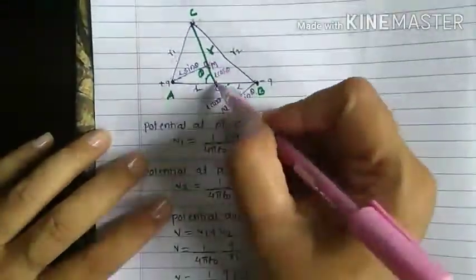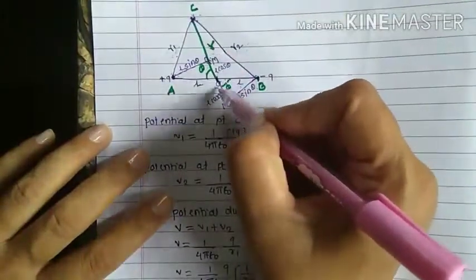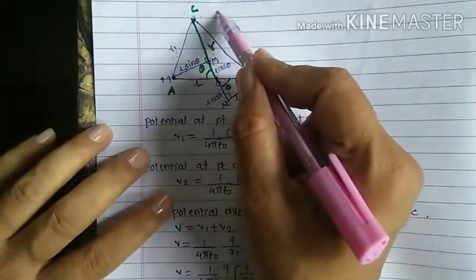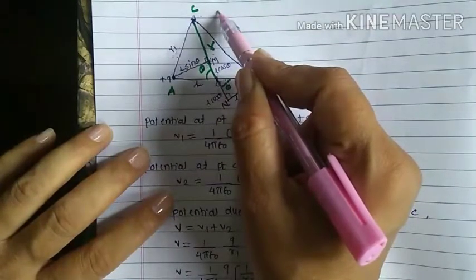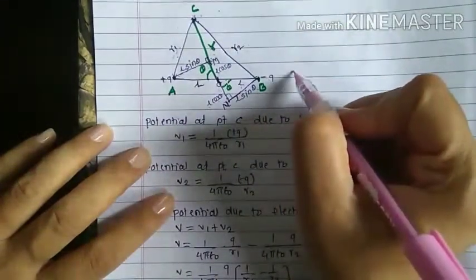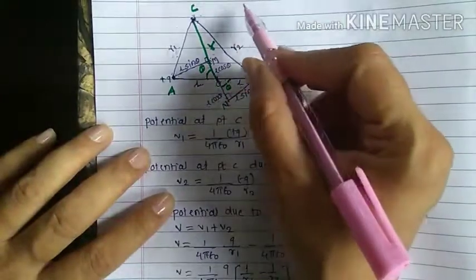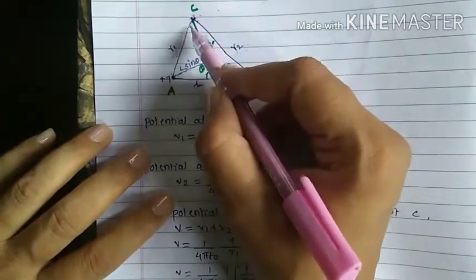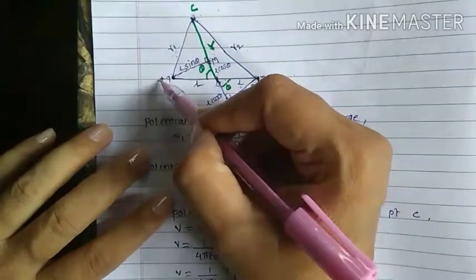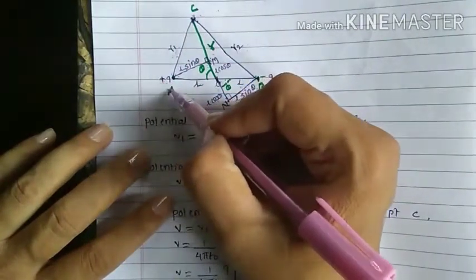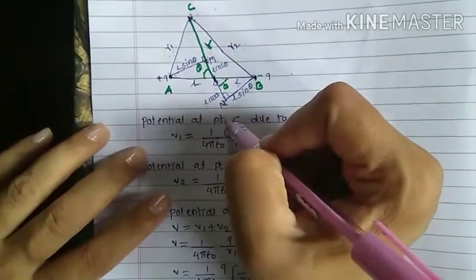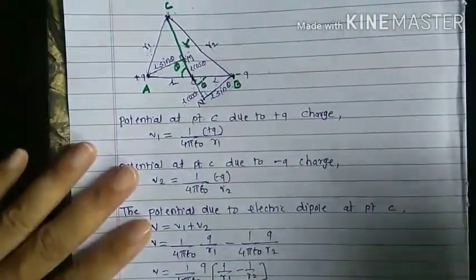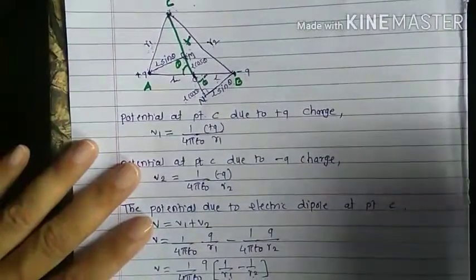If C point is in the equatorial plane, along the equator, then the electric potential is 0. Here is the maximum, then it goes on decreasing, 0, and then here is minus, and again here is 0. In this way, we can study the electric potential due to an electric dipole.